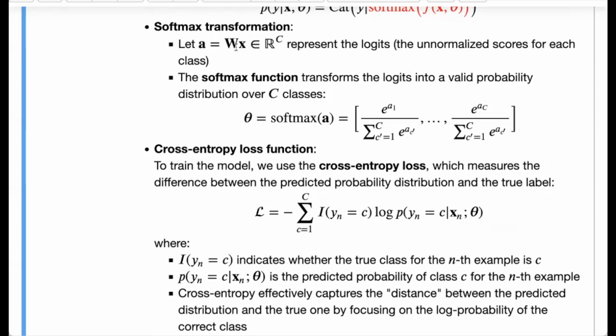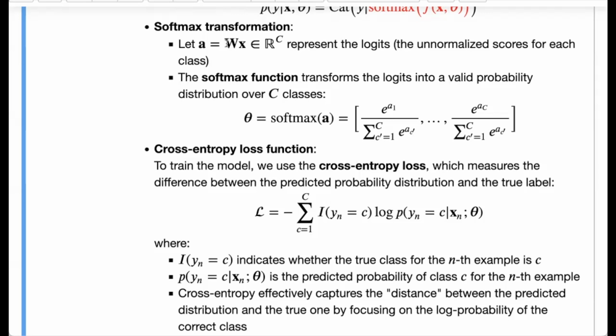We are going to multiply this by a matrix, so we actually have a matrix-vector multiplication. x is of size d, and the result should be of size C because we have C classes, so we need C numbers, and then we convert them to probabilities. This means that this weight matrix W is of size C by d. So C is the number of classes, d is the number of features.